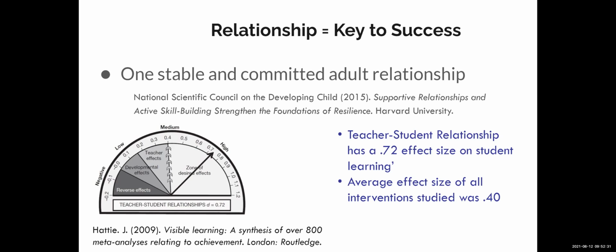So that's pretty good stuff. And another thing too is that research has time and time again documented that one stable and committed adult relationship in a child's life is a huge factor in resilience and overcoming adverse experiences that they may be experiencing, in family, community, etc. So relationships are pretty powerful things.